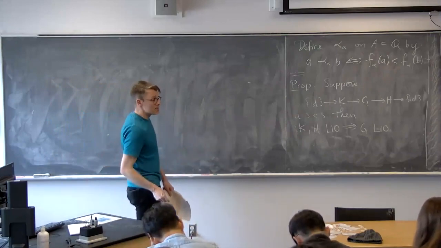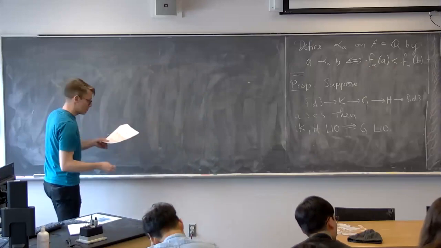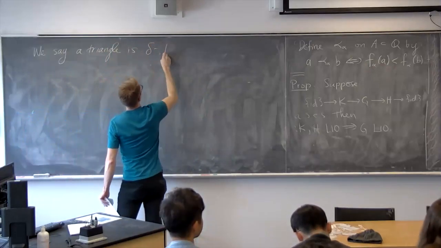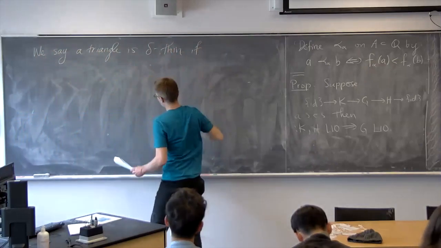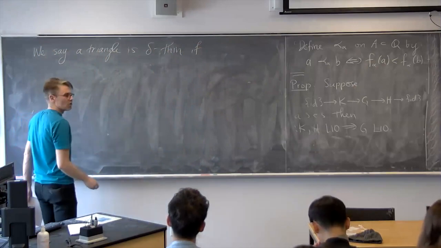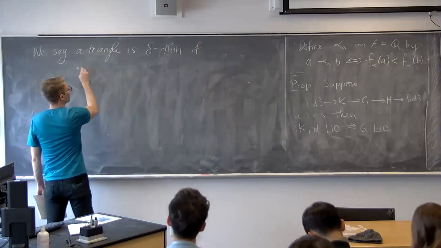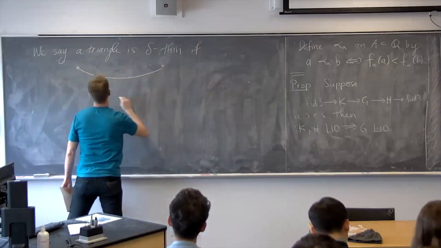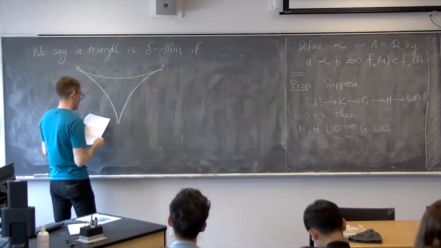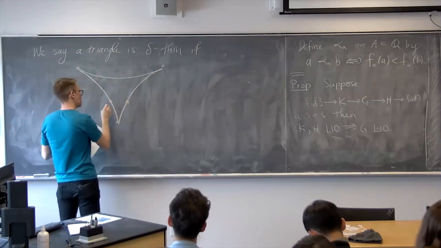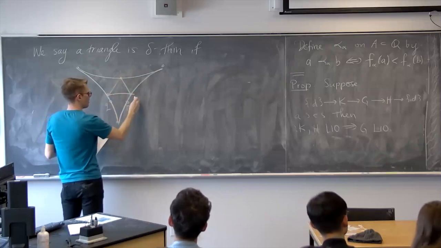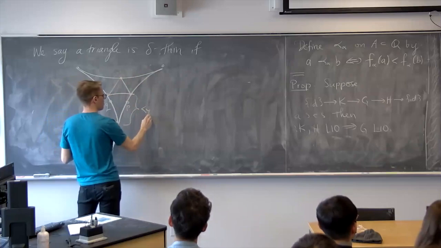A triangle is delta thin if, and then I'll draw the picture. It's probably easier for me to draw the picture than write through the sentence. So when you sketch the triangle, of course it's hyperbolic, so I bend all the edges inwards like this. You have a P and a Q here, and say this distance is this quantity.